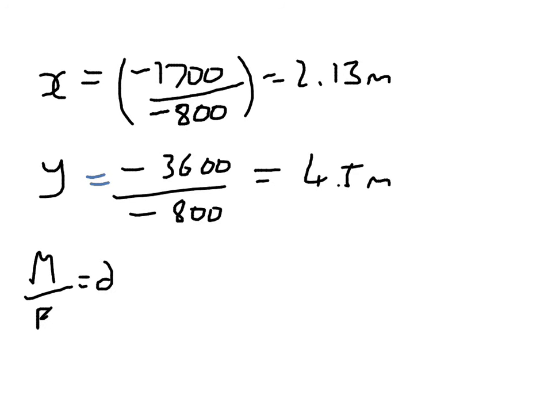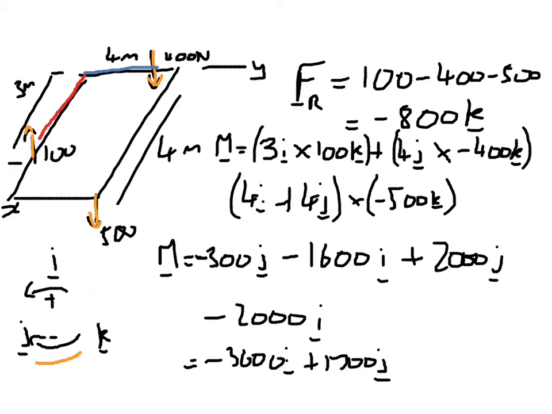So we know that our final position is going to be somewhere 4.5 metres, so half a metre off the plate, and approximately 2.13 metres in. So we'd put our final resultant force in that position there.